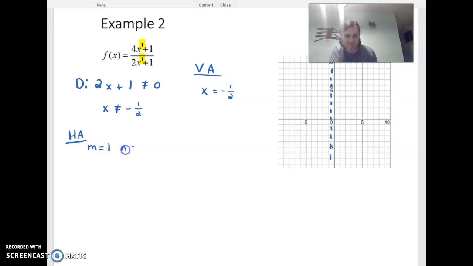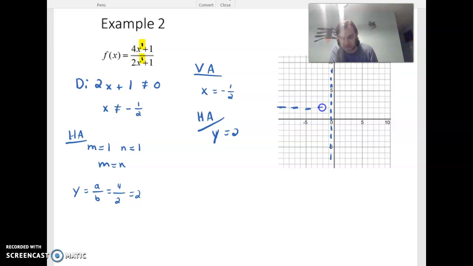My bottom exponent is n, which is 1. M equals n. So in that case, we set up a ratio of the coefficients. And those two coefficients are 4 on top and 2 on the bottom. So we're getting that our horizontal asymptote that we're going to graph is y equals 2. So I'm putting that in.